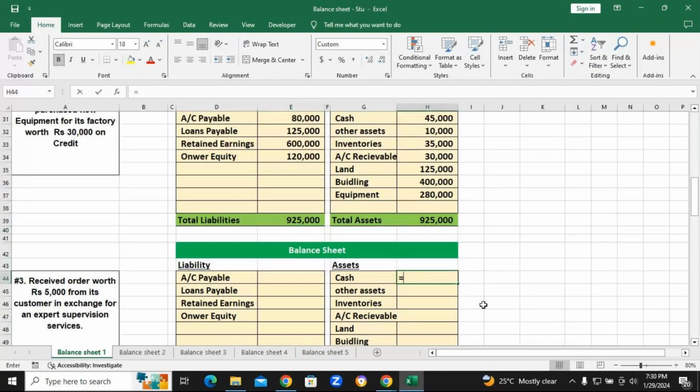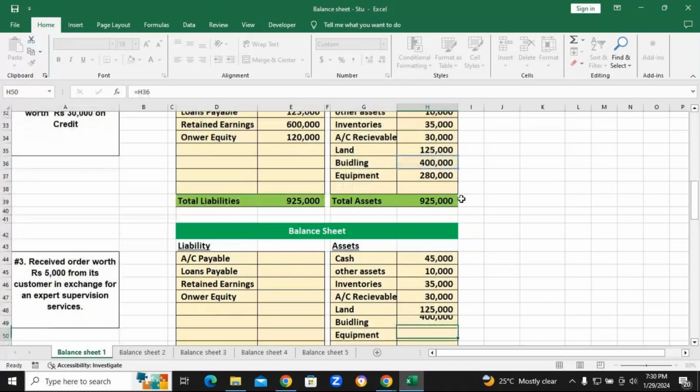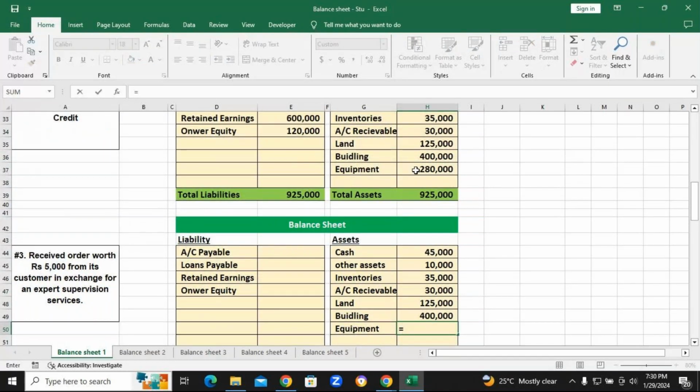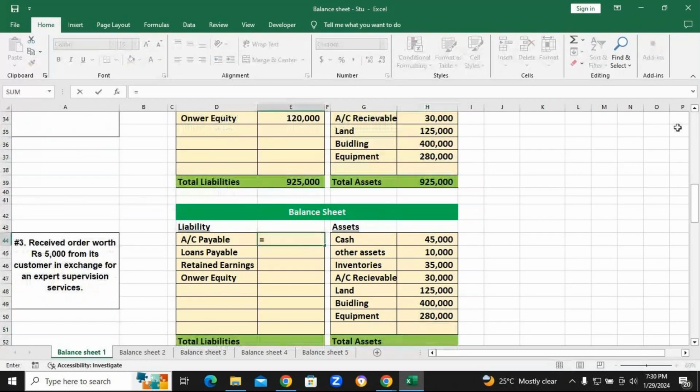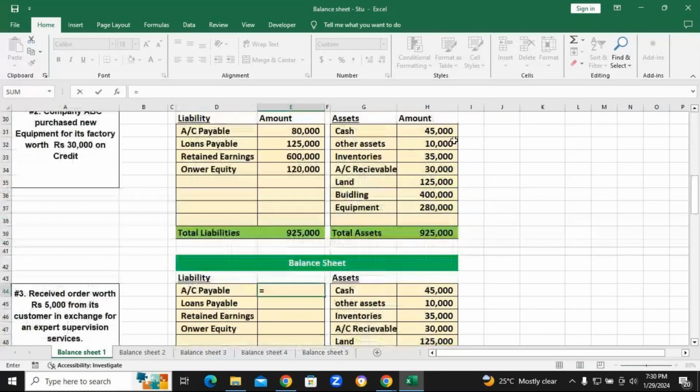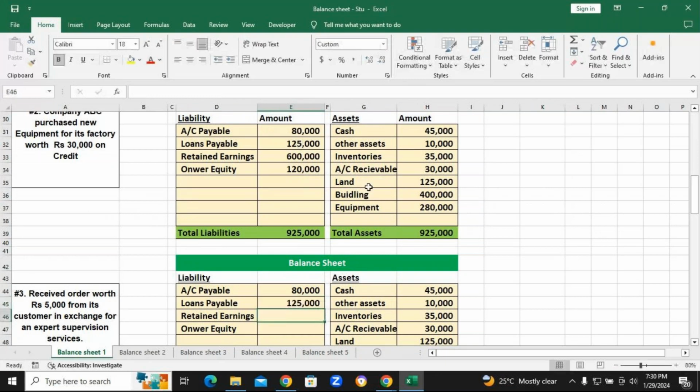So cash equals 45,000. Other assets, inventories 35,000, account receivable 30,000, land 1,25,000, building 4 lakh, and equipment 2,80,000. Account payable 80,000. Then 1,25,000 on loans payable, retained earnings 6 lakh, owner's equity 1,20,000.